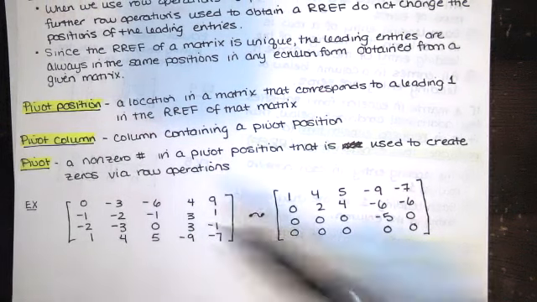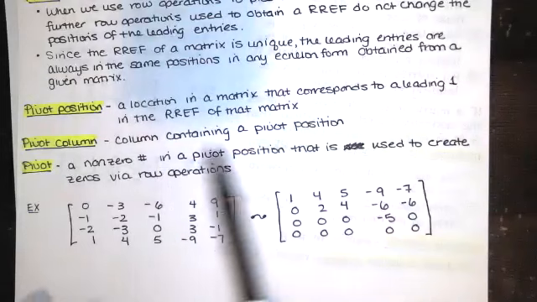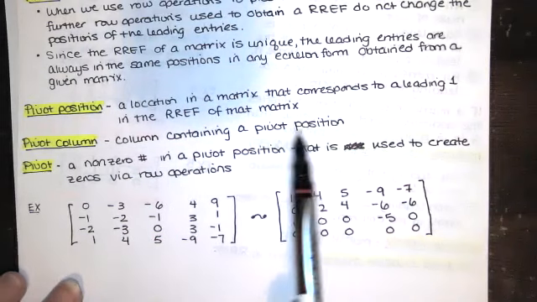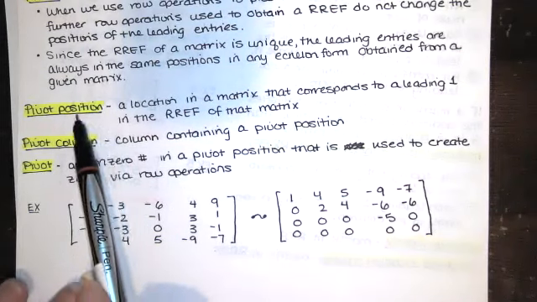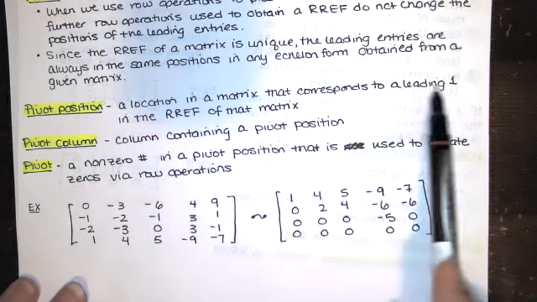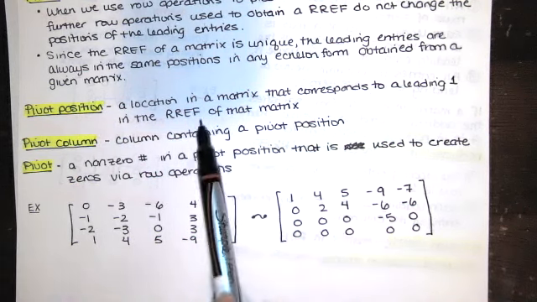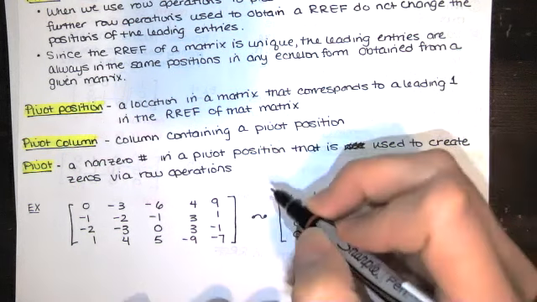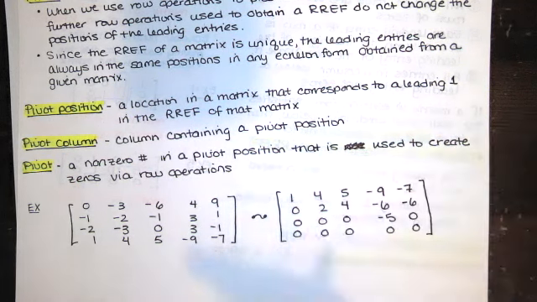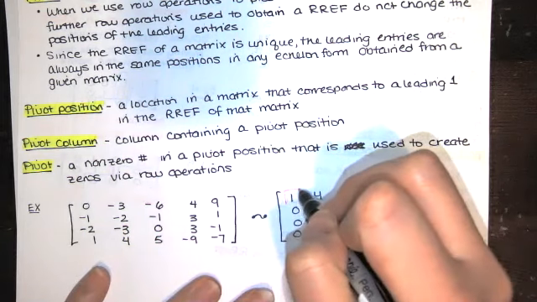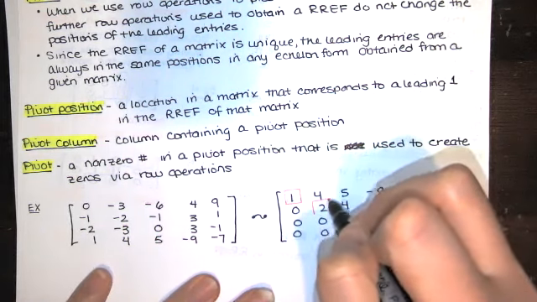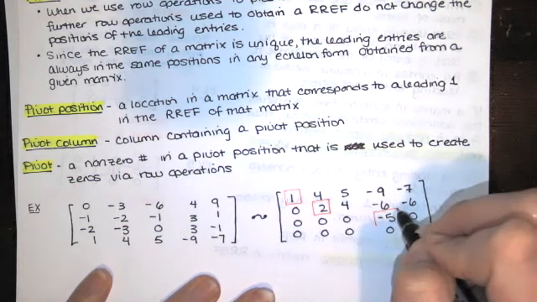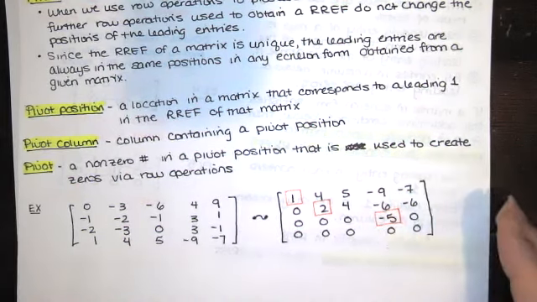Now, when we are trying to identify the pivot columns, these are columns containing a pivot position, and a pivot position is a location in a matrix that corresponds to a leading one in the reduced row echelon form of that matrix. The pivot positions in this case are this position, and this position. It's the positions of the leading entries.